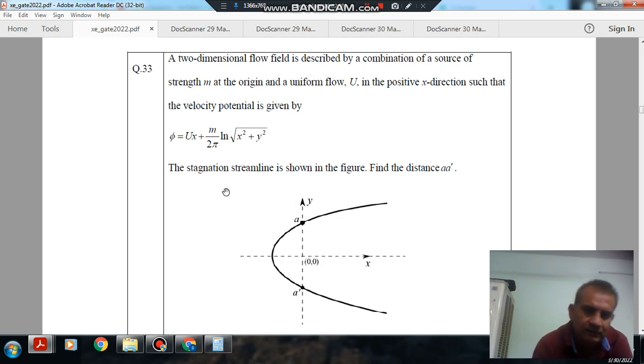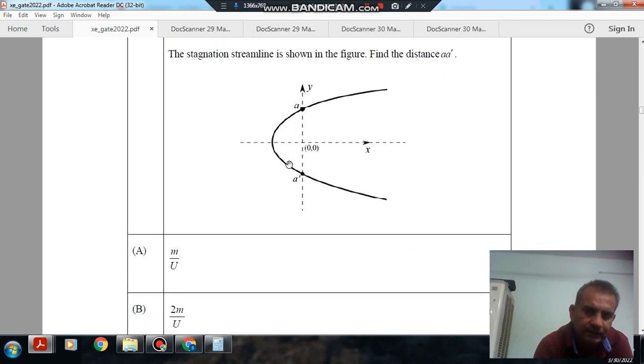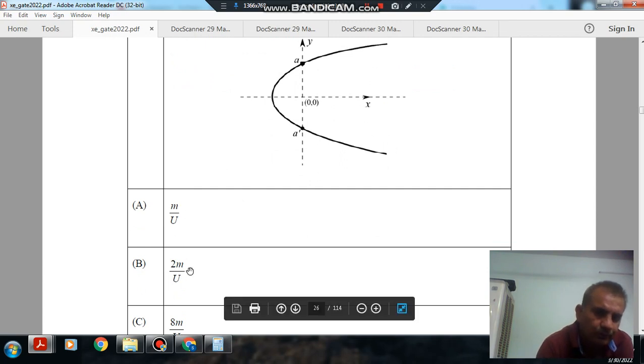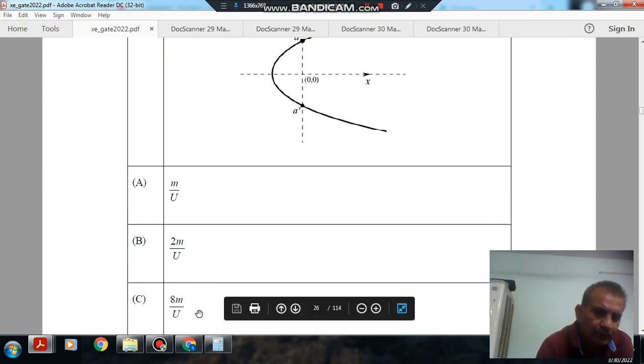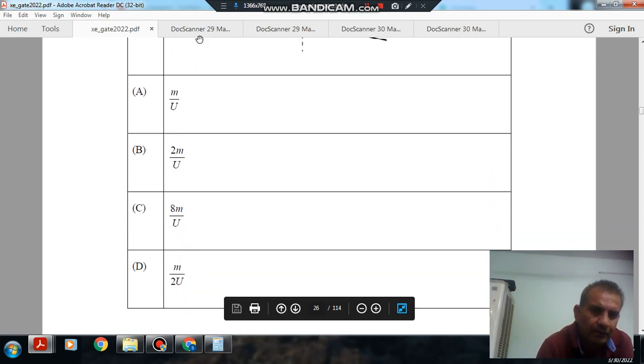The stagnation streamline is shown in the figure. We have to find the distance a dash. Options are: A, m by U; B, 2m by U; C, 8m by U; D, m by 2U.